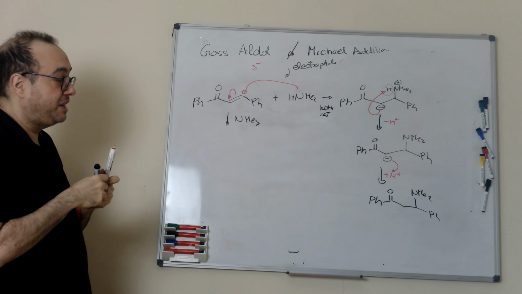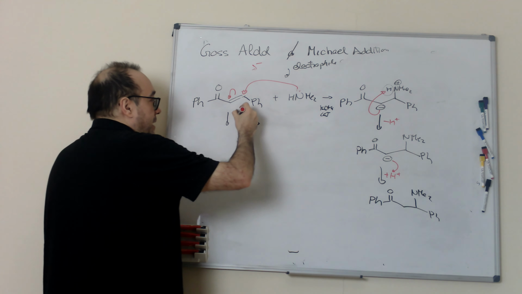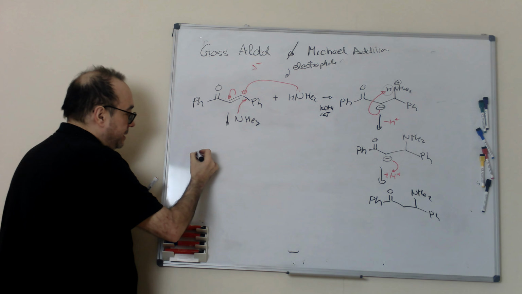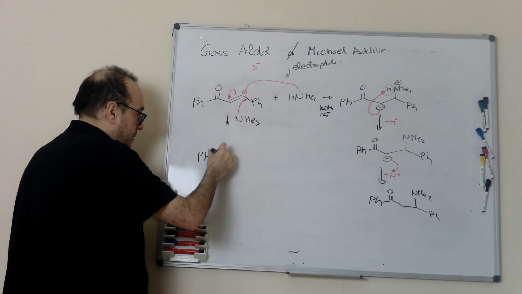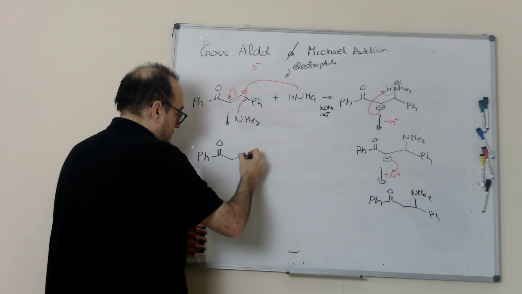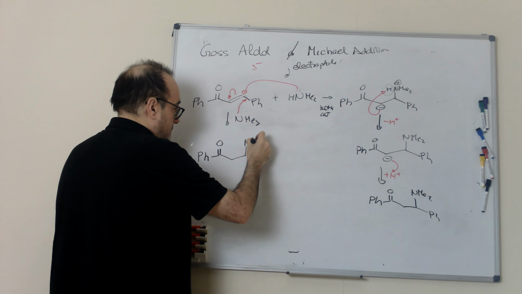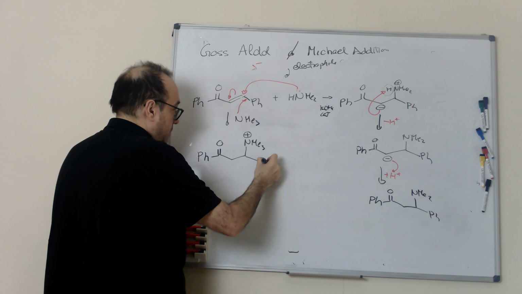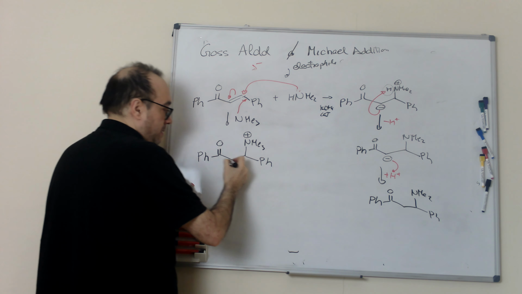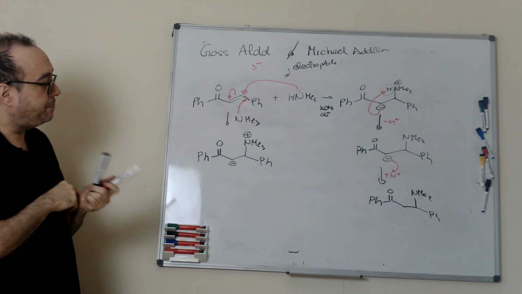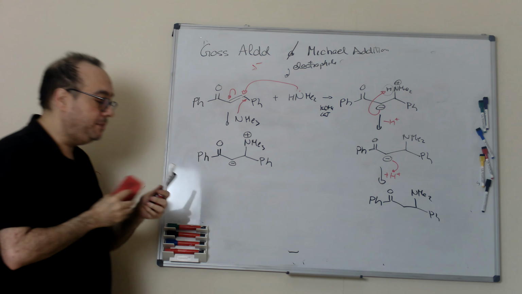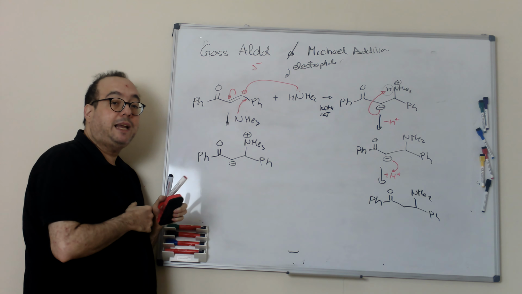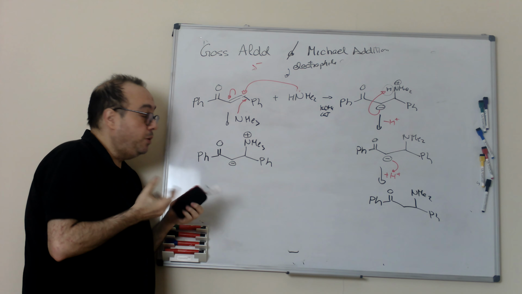Well, if we are using a tertiary amine, the first reaction will take place. That means this will attack the nucleophile, and what we will get is this intermediate. What's the problem now? Now the problem is that here, in order to make this nitrogen neutral, we cannot do anything.